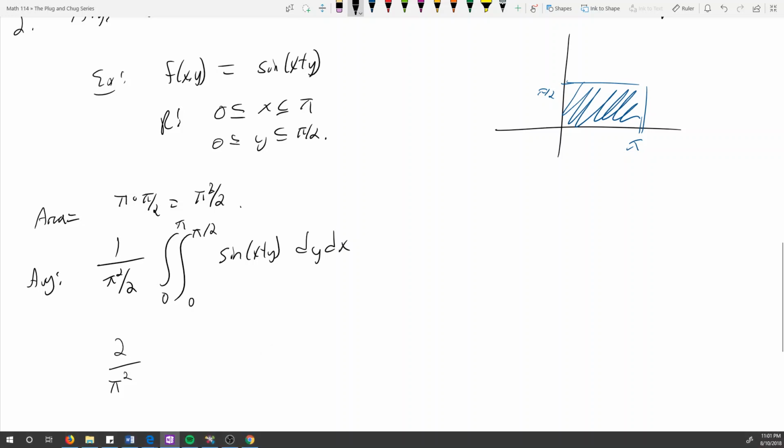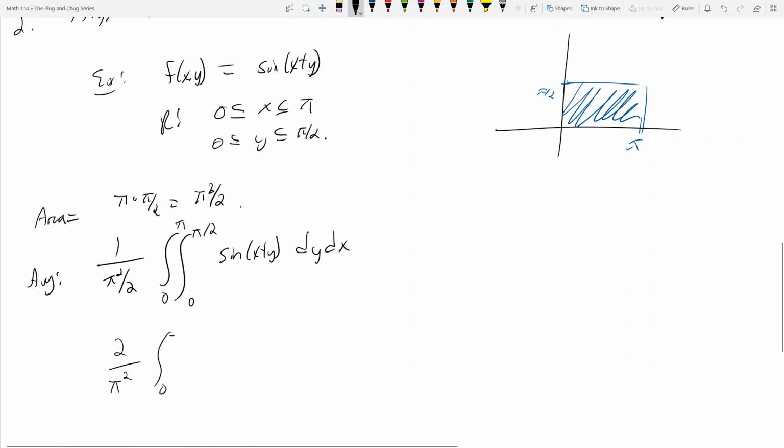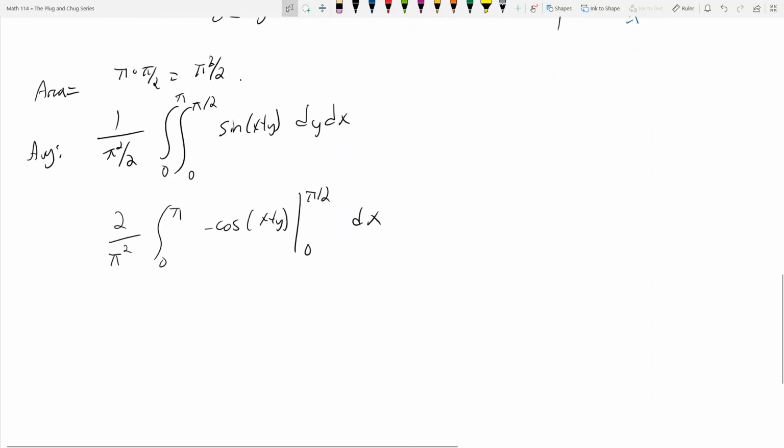If you take the integral of the first guy, now you've got 0 to pi. This becomes negative cosine of x plus y evaluated from 0 to pi over 2 dx, right? And that's equal to 2 over pi squared, integral from 0 to pi, and this is actually interesting, it's negative cosine of x plus pi over 2 plus cosine of x plus 0, right?